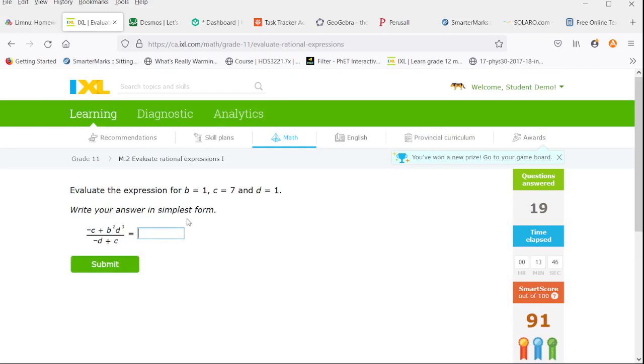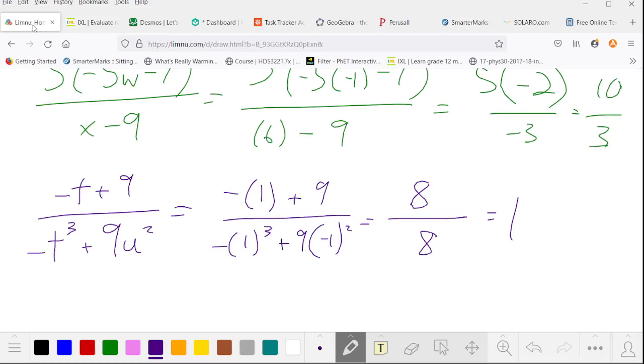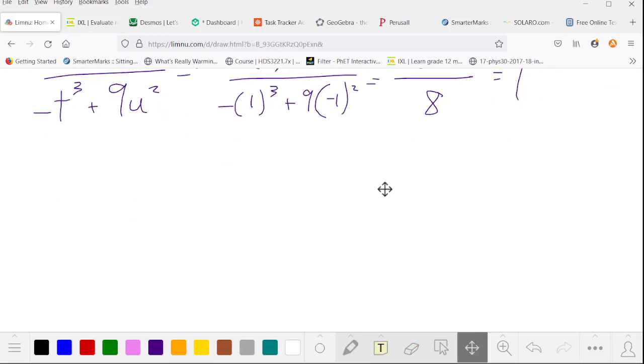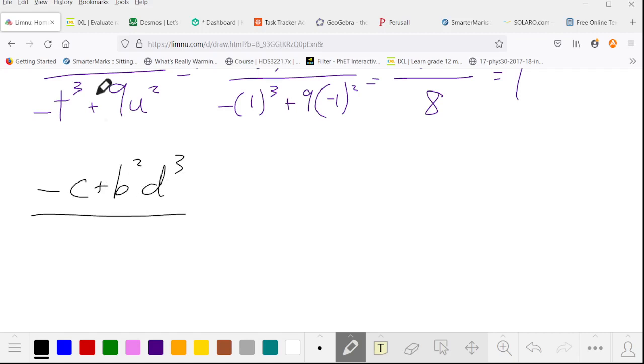Here we are, challenge zone. 3 variables this time. Negative c plus b squared d cubed over negative d plus c.